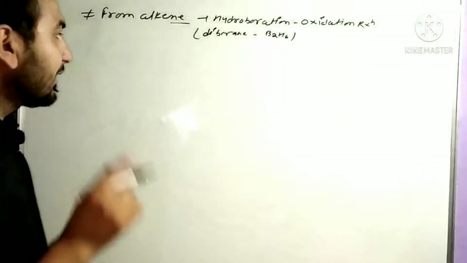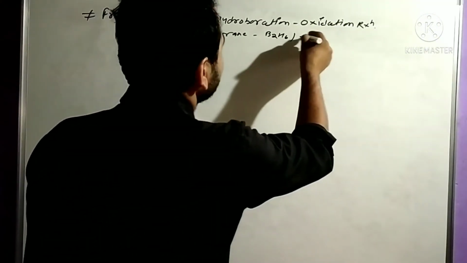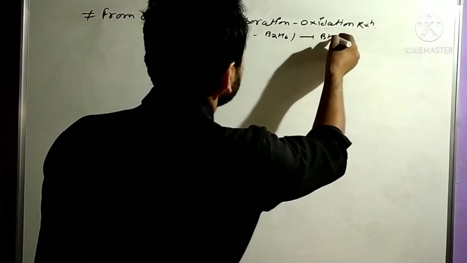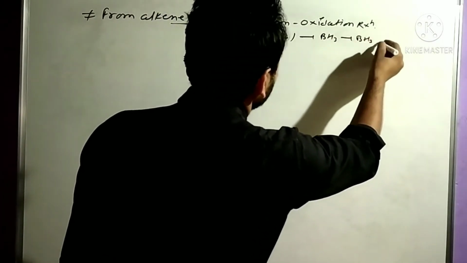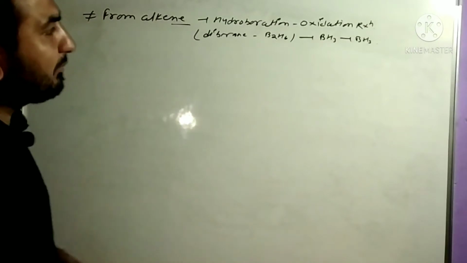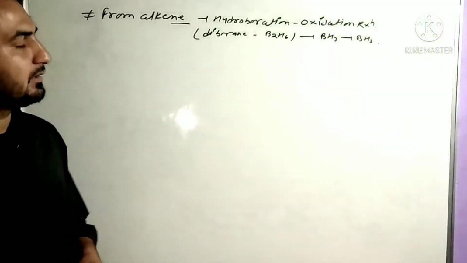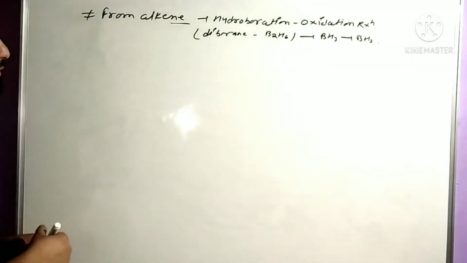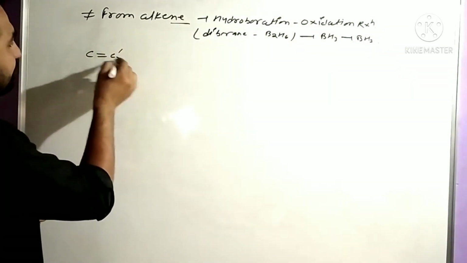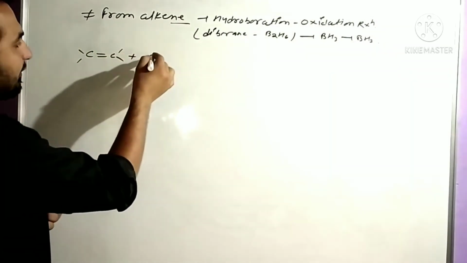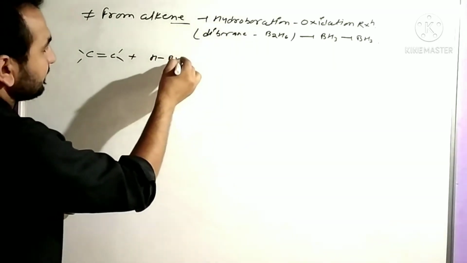Diborane B2H6, but the first time we'll add one BH3 and another time another BH3. Clear? Hum iska addition karke yahan pe chalenge. Theek hai. So see here how the reaction will proceed. Suppose you have an alkene and you have BH3.